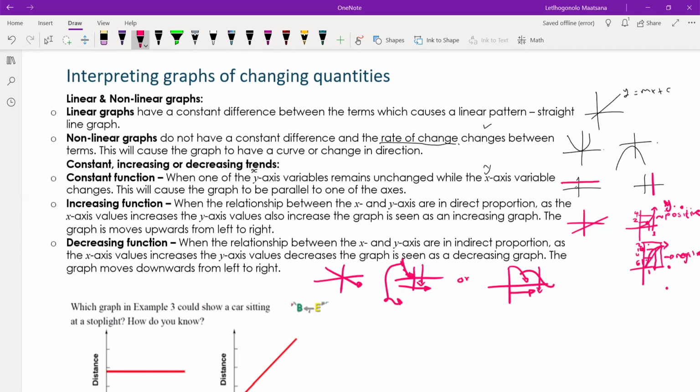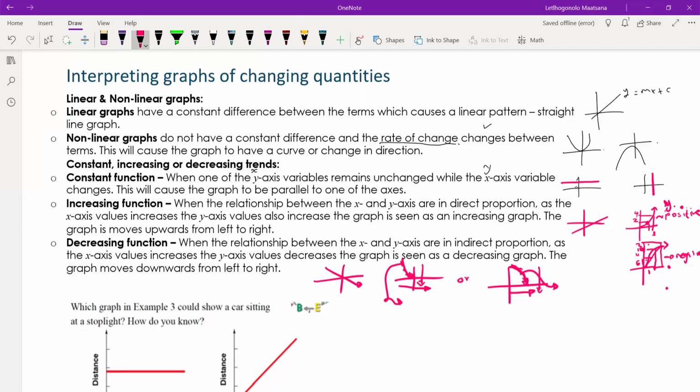Unlike this one here, where the rate at which your gradient is changing is increasing with time. So the lower you go, the higher the changes are between your y values from your previous values, the change in between.